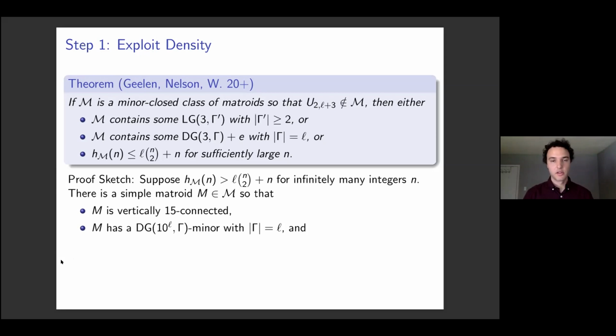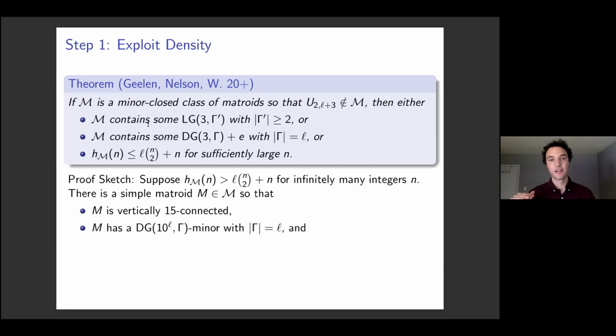Well, this is where our main result comes into play. Our main result says that this class has some associated group gamma, so that the class contains all gamma frame matroids.